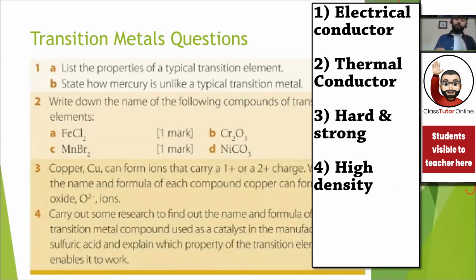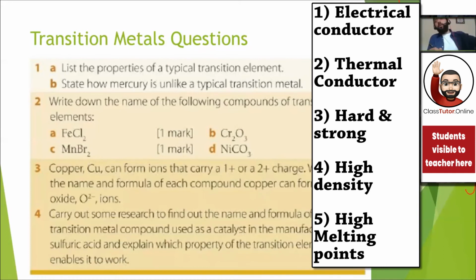They've got high melting points. And again, over here, it says typical, so you don't need to consider mercury just yet. So high MP. You can also say things about their chemical properties if you want to. Generally, when they say properties, they talk about physical, but yes, you can talk about the chemical ones as well, which is that they're not as reactive as a group 1 metal.